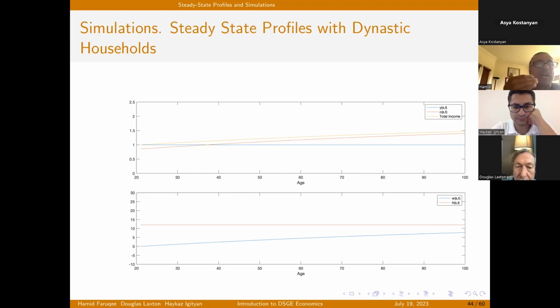Consumption will be below total income, and you can see that from the previous slide, and that is leading to the accumulation of financial wealth through the agent's planning horizon, in this case for the dynastic household.